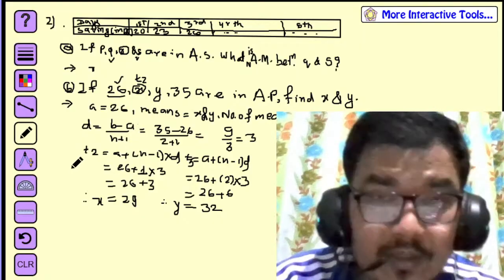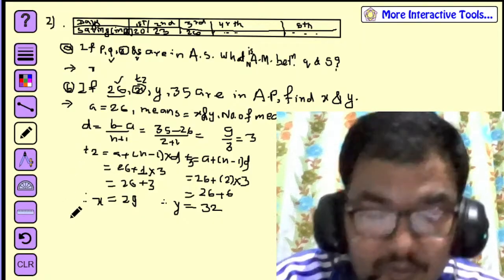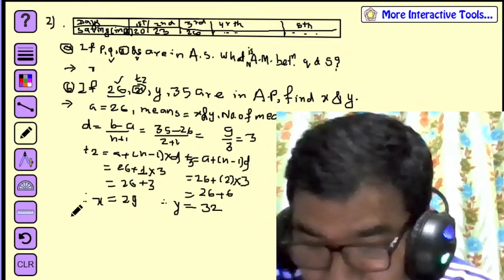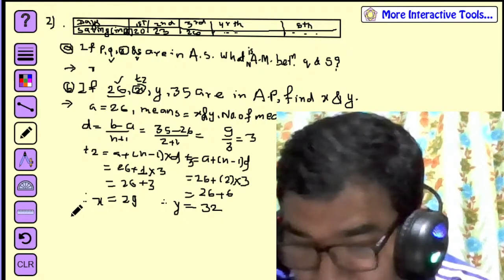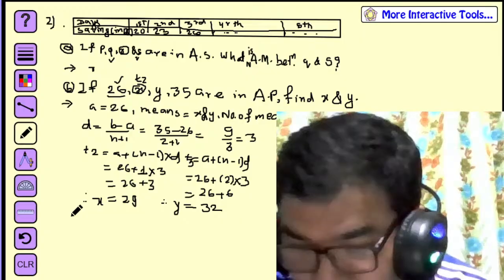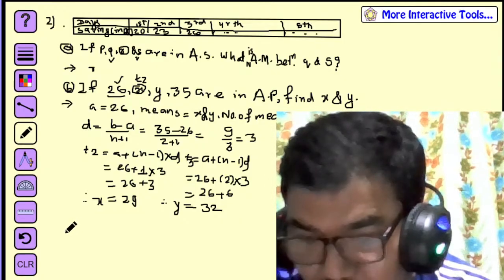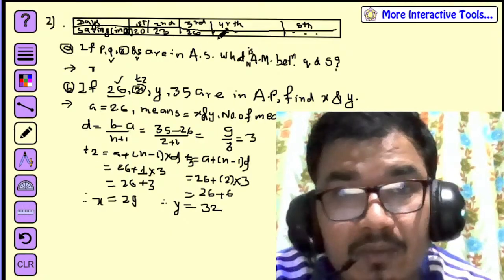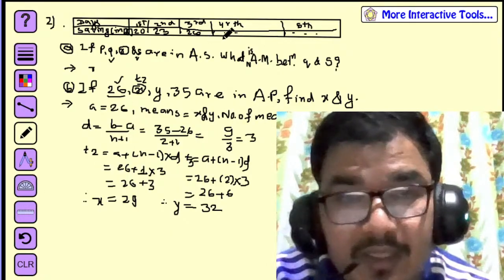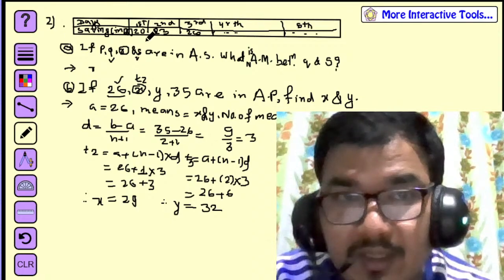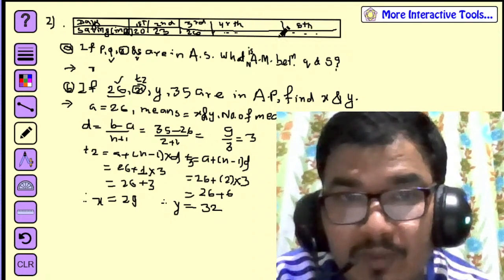Now look at the next one, question number C. Here we see how to find the saving on the fourth and fifth day. Similarly, we can find it: this is first, second, third, fourth, fifth.